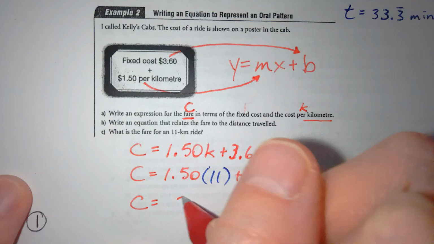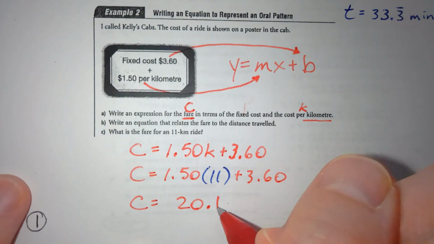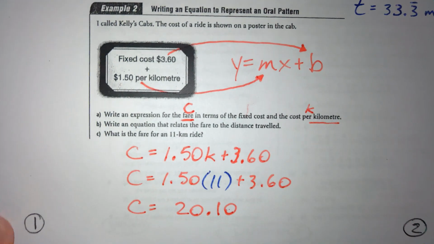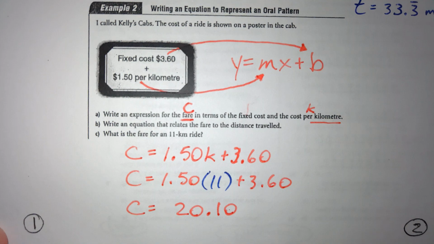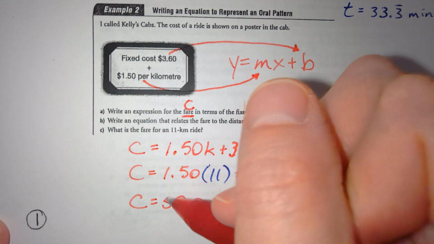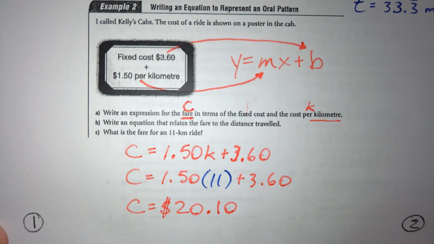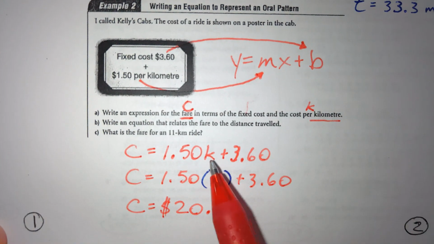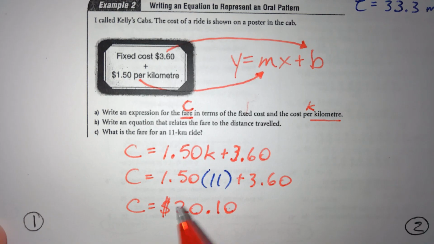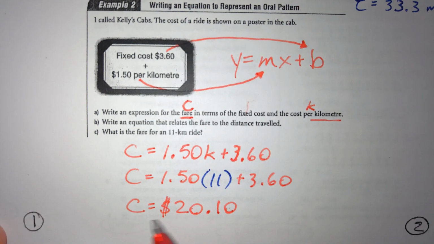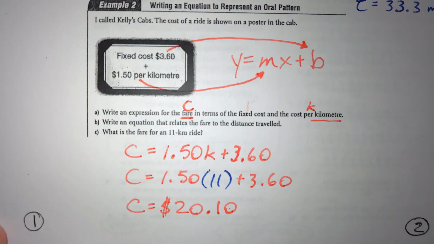Okay, and I think if my math is correct, it was like 20.10. What's my unit? Dollars. So again, if I just use x and y, I might get confused with what I should replace. But because I use meaningful letters, I was able to put in easily, and I know what my unit is.